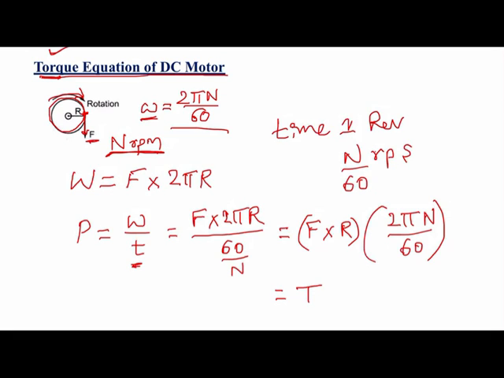This is multiplied by 2 pi n by 60, which we considered as the angular speed of the wheel, omega. So this is the relation between the power developed, torque and angular speed. This is the general torque power relation.